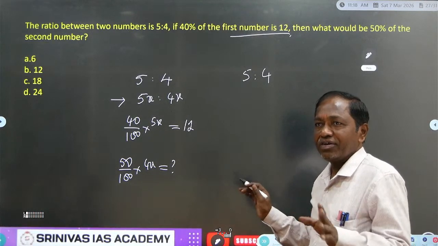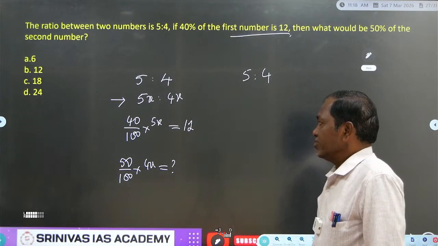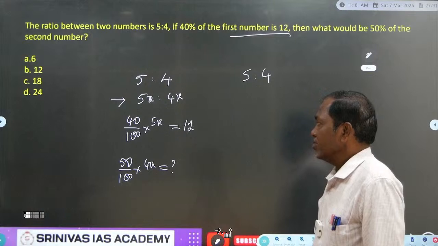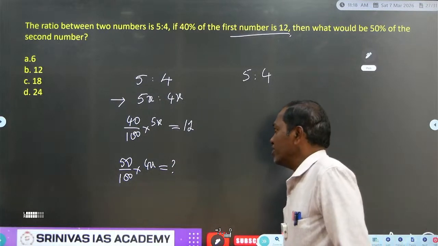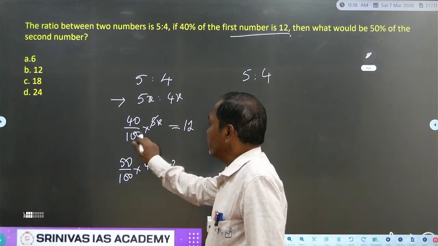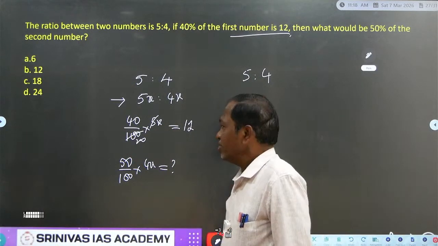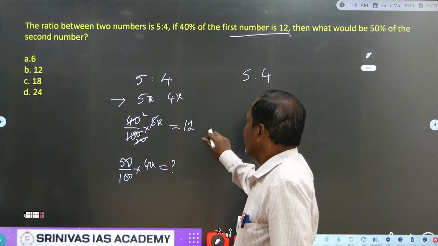Sir, I'll tell how I did. I did 40 by 100 into x is equal to 12. I didn't take 5x, I just took x. Then x is equal to 30. Okay, whatever you take, the simplest form.